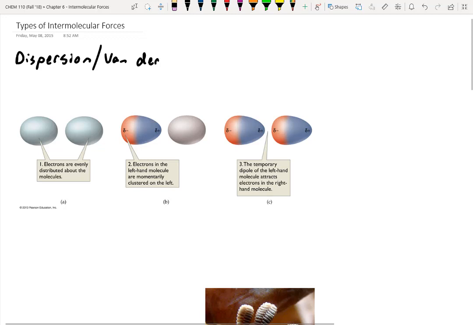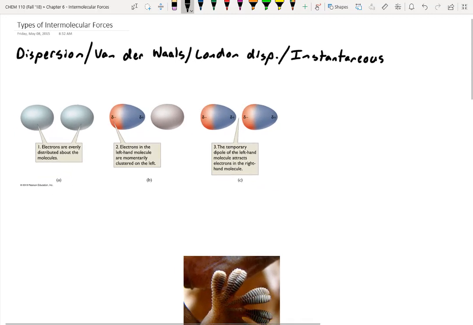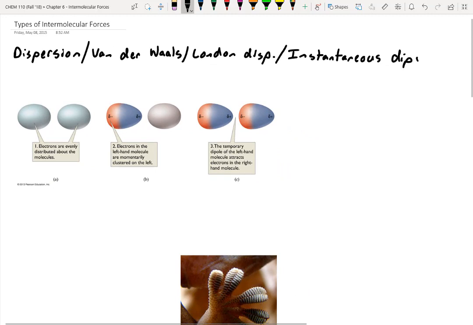Oops, that should be a W, not a U. It can be called London dispersion. Or it can be called instantaneous dipole. It really depends what textbook you're looking at and what country you're in. Usually in American schools we refer to it as dispersion forces, but all of these apply to the same phenomenon.